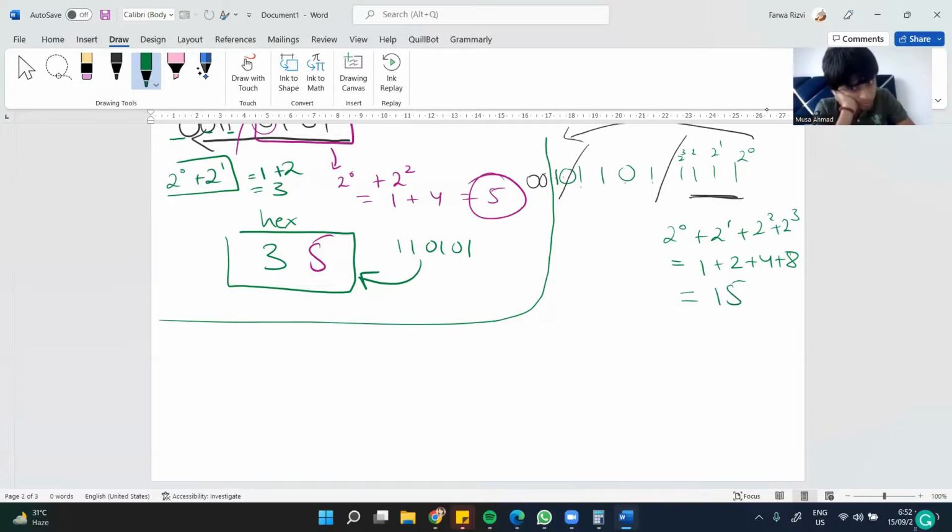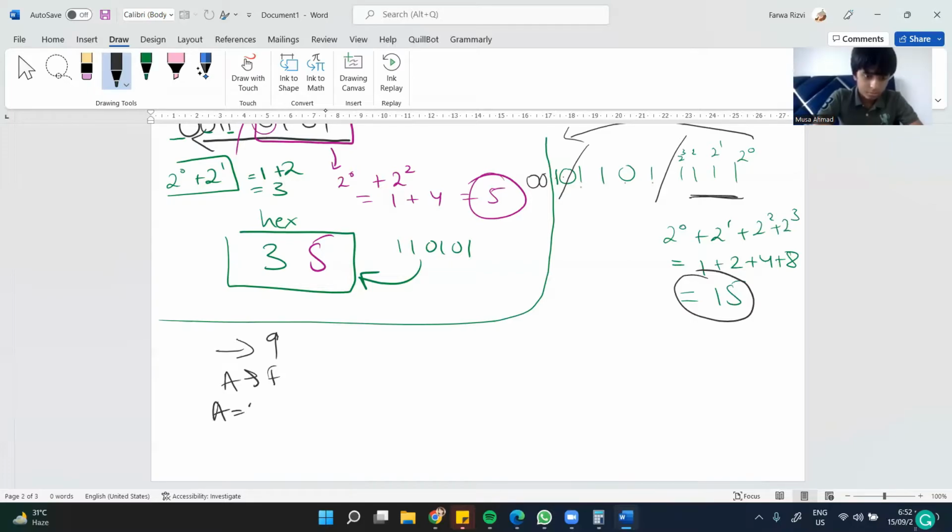It's 15. Now 15 does not exist in our hexadecimal language. As we said, it's only up to 9, and then the alphabets till F start. So A represents 10, B represents 11, C represents 12, D represents 13, E represents 14, and F represents 15.